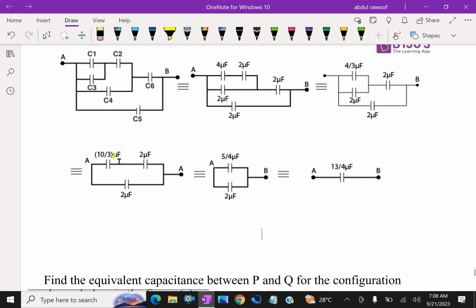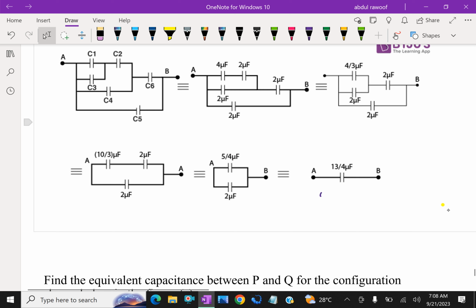Now these are in series, that is 10 over 3 and 2, in series combination gives 5 over 4. Then that 5 over 4 is parallel to 2, that is 5 over 4 plus 2.